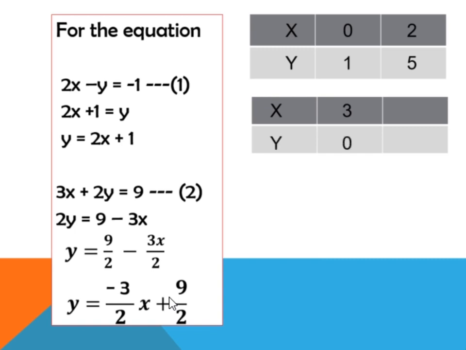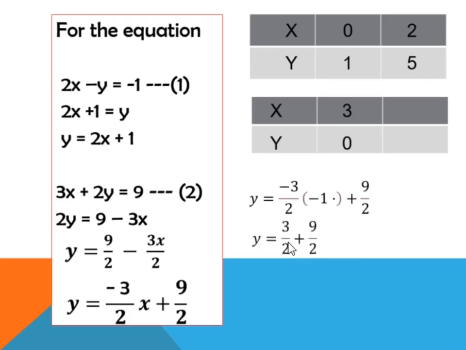And then, another value for x. Let's say, ang value ng x natin ay -1. So, ang equation na ngayon natin ay magiging y is equal to -3/2 times -1 plus 9/2. -3 times -1 is +3/2 plus 9/2.